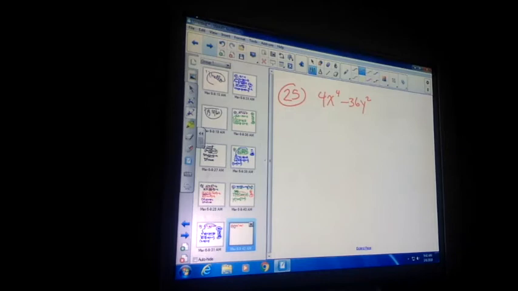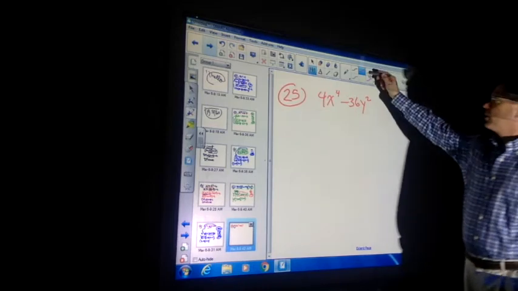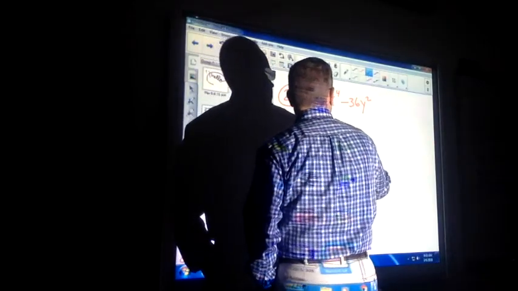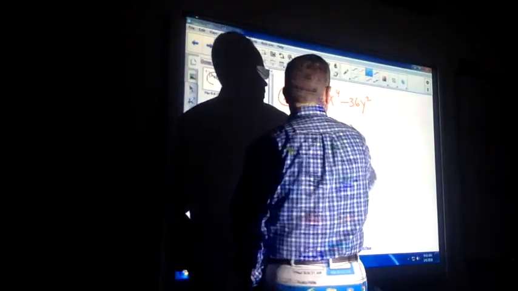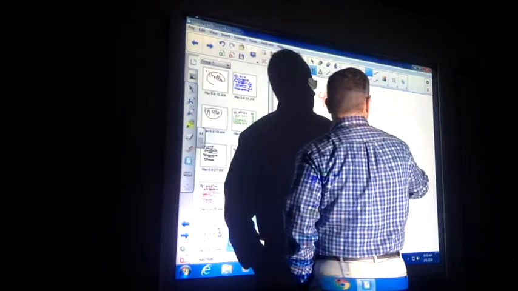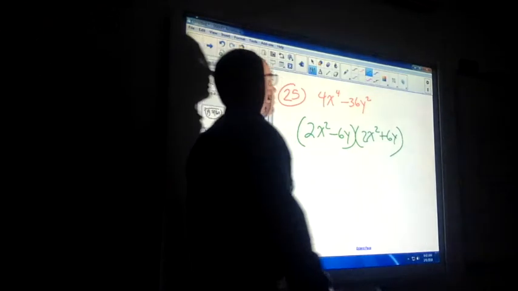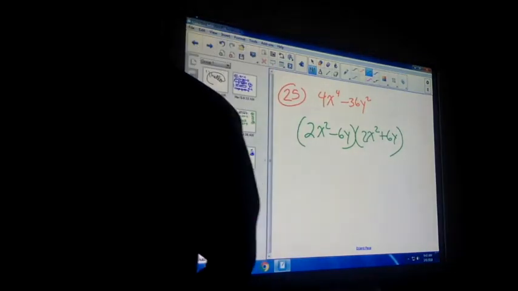Yeah, because 4x to the fourth is the same as 2x squared times 2x squared, and 36y squared is the same thing as 6y times 6y. Agree? So this is the difference of two squares. So this is going to go 2x squared minus 6y and 2x squared plus 6y, alternating signs.